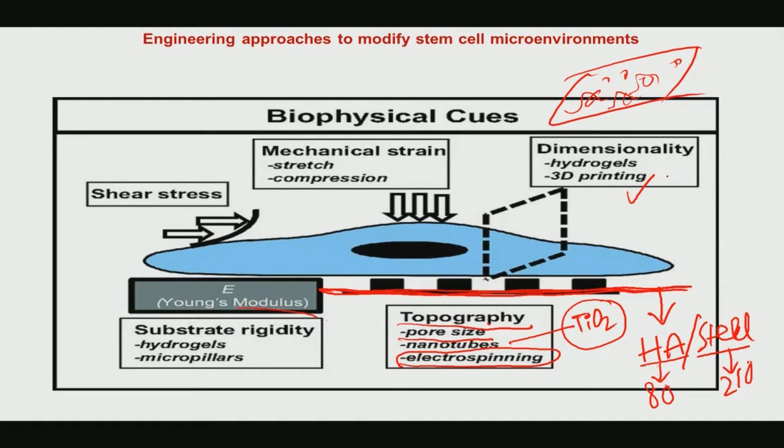And the substrate rigidity can be in the form of micropillars, like this example of micropillars on the substrate itself, or hydrogels, which are another kind of substrate. So, what are the things I have mentioned here? One is the elastic modulus, which they also call elastic stiffness or Young's modulus.